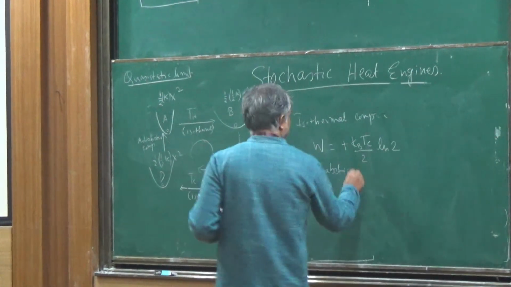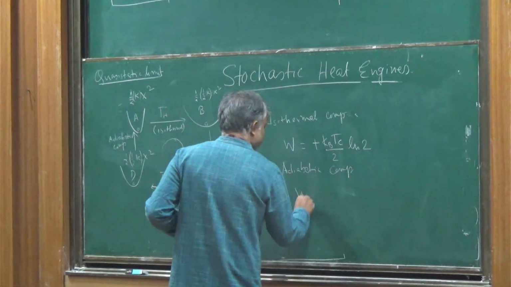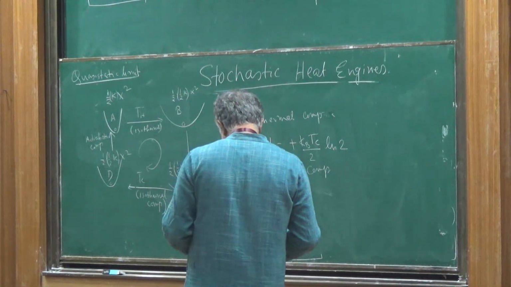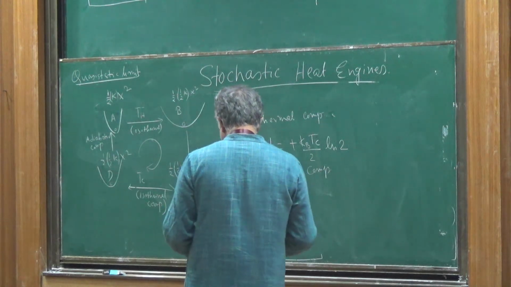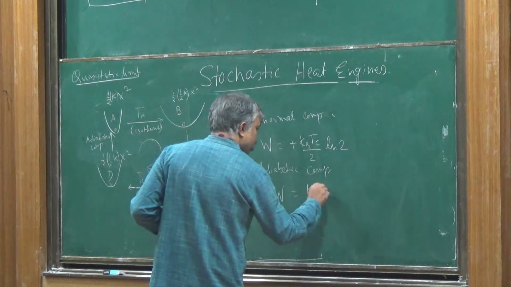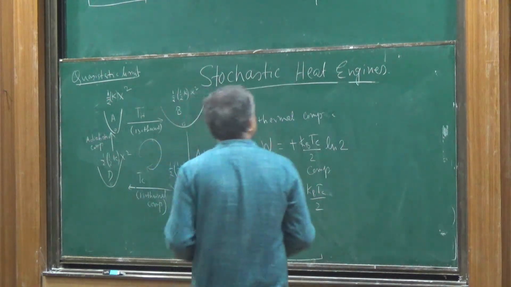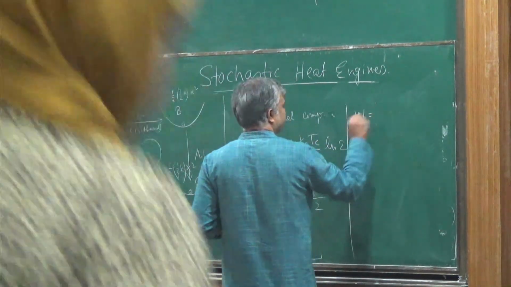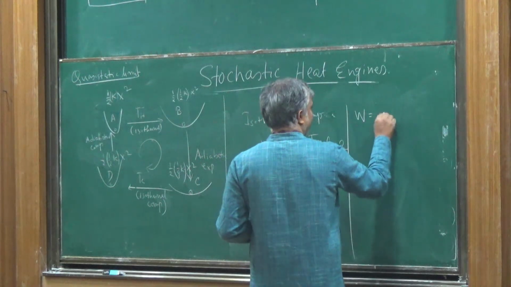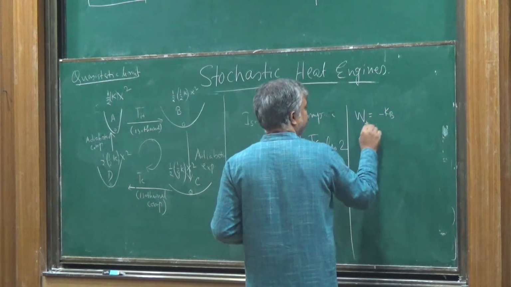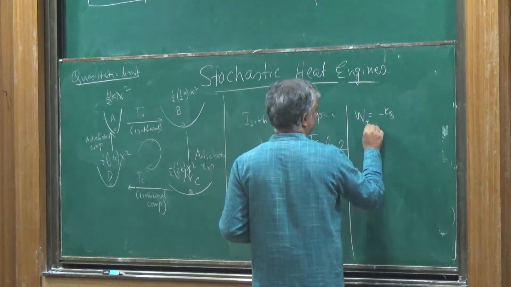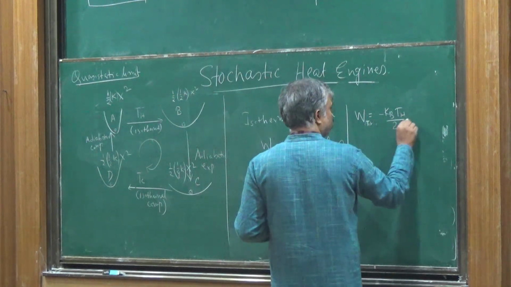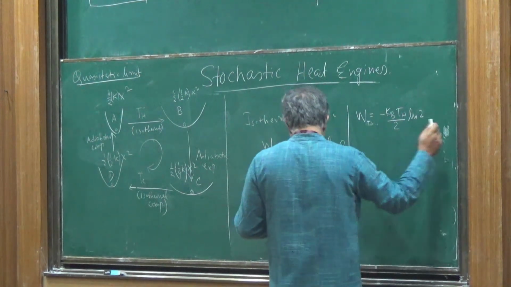So the adiabatic compression W, in exactly a similar way we can calculate it. This k_B T. So the total work, you see, is minus, so this is the total work W_T. W total is k_B T_H by 2 ln 2, this is from the isothermal expansion.